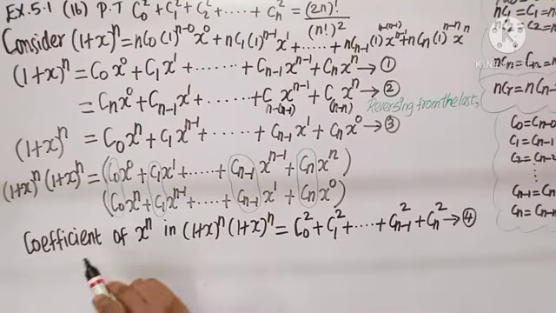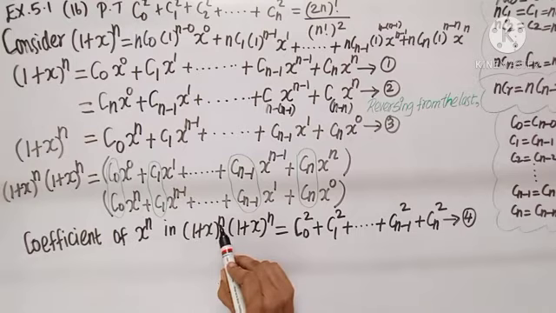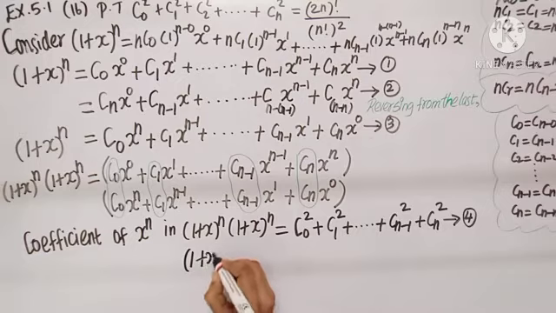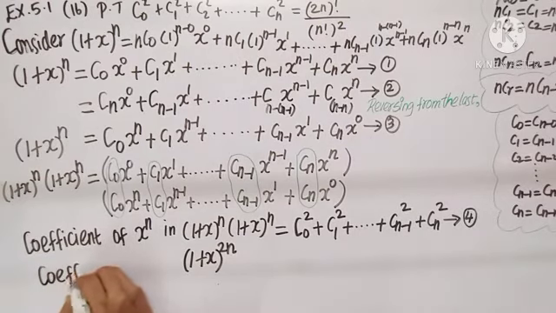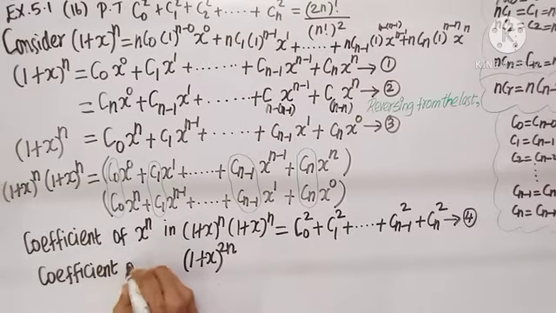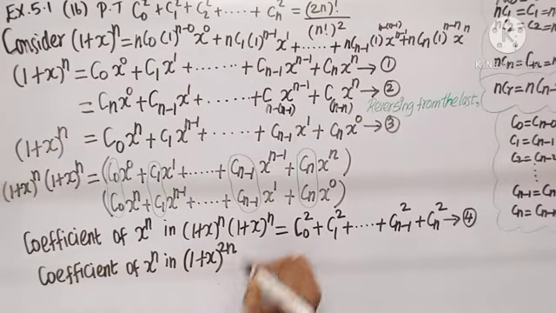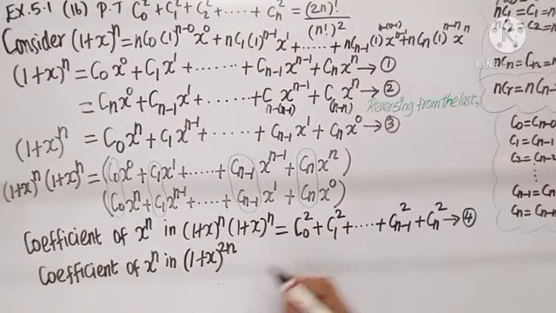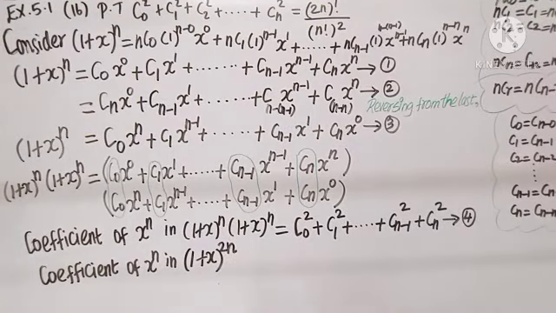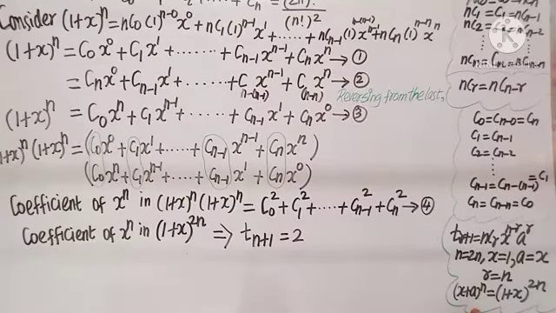Now, the same (1 plus x) whole power n into (1 plus x) whole power n can be written as (1 plus x) the whole power 2n as I add the powers. How will I write the coefficient of x power n in this? It is the same. Now, I need not write the expansion. I can write the general term. If I compare (1 plus x) whole power 2n with (x plus a) the whole power n.